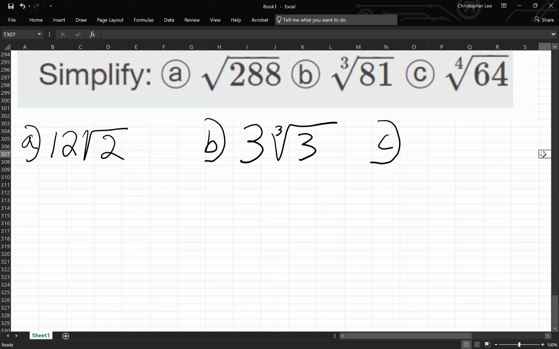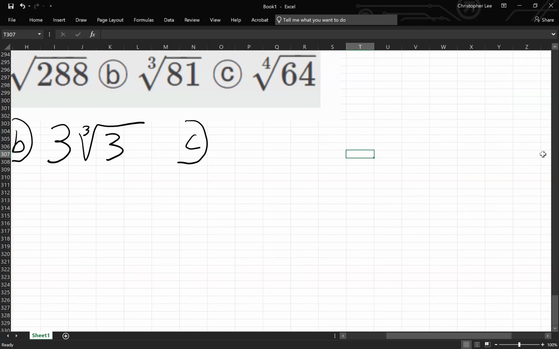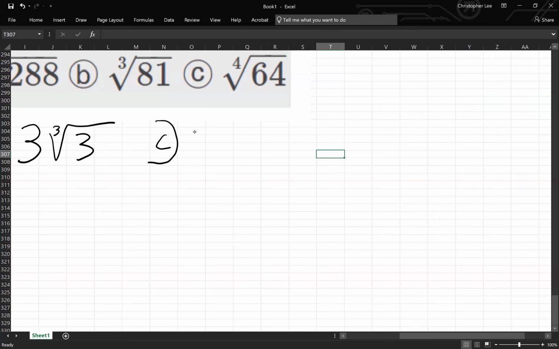If you're not sure, you can say that too, or we could work it out together. 2 square root 2. Not quite. Okay. All right, let's go through this one together.